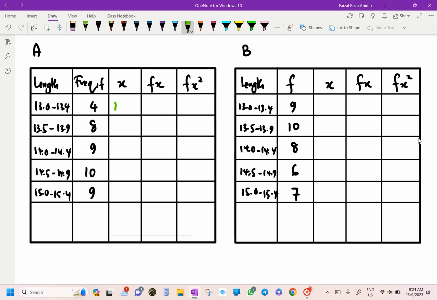This one 13.2, this one 13.7, then 14.2, 14.7, 15.2.